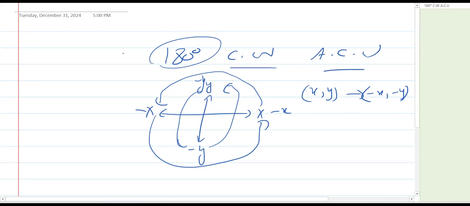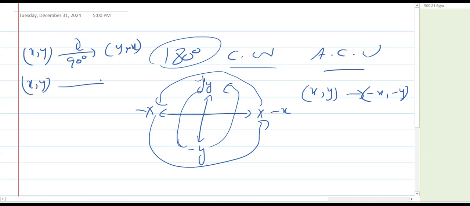So you have to remember these rules. The first rule is for clockwise 90-degree. What will happen? They will swap, but the sign of x will change. Okay. And if it is anti-clockwise 90-degree, they will swap, but the sign of y will change.